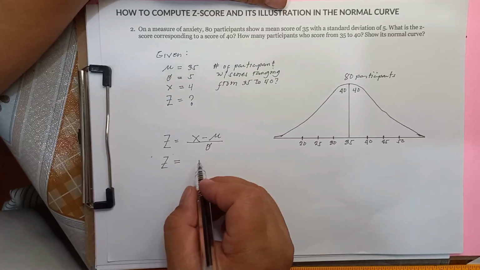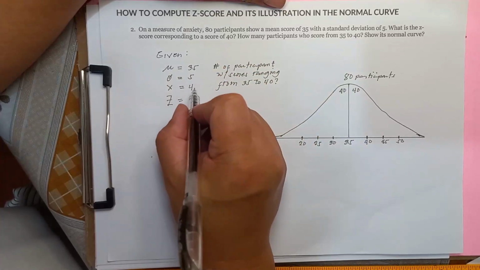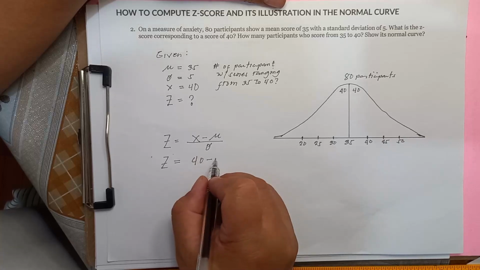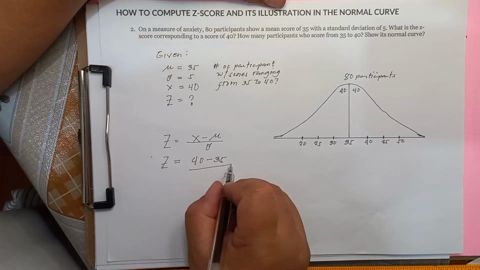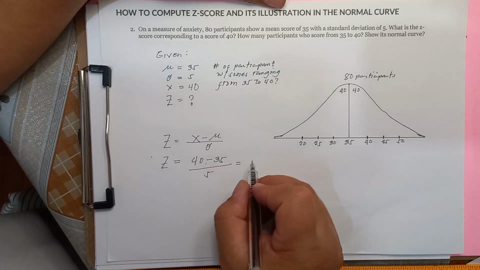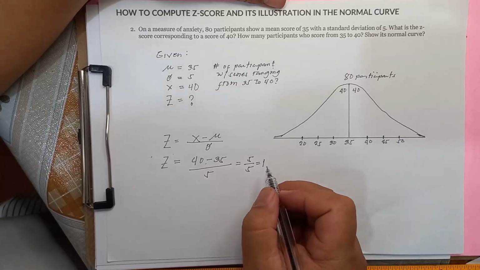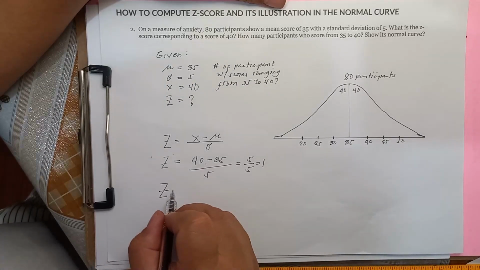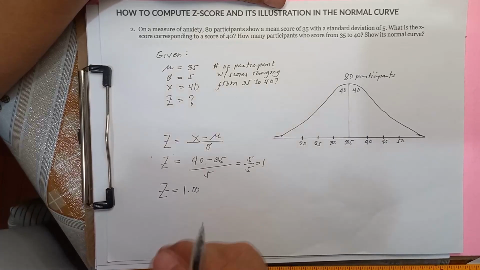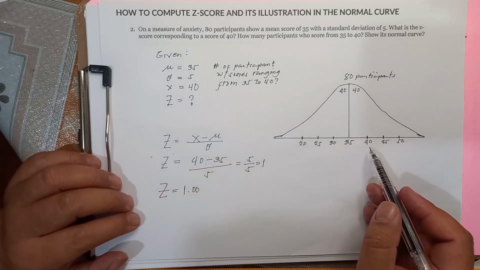Our x is 40, so this is 40 minus the mean 35, over the standard deviation, which is 5. So 5 over 5 is 1. Our z-score is 1.00, meaning from 35 going to 40.